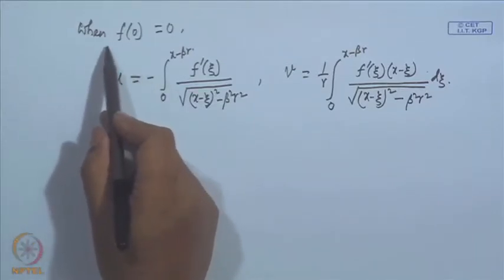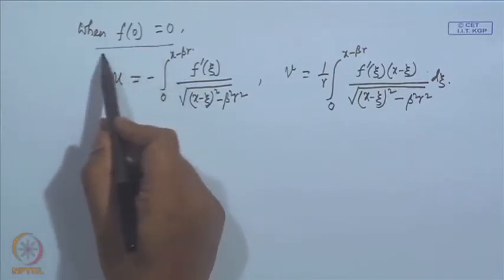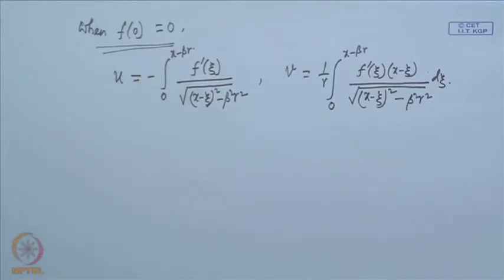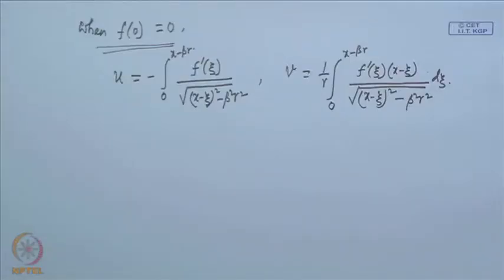Now, this f 0 equal to 0 is also consistent with the incompressible flow we have seen earlier, that to model or to simulate thickness we use a source distribution. That is, as an example, the very famous example of a point source in a uniform stream, or a two dimensional point source in a uniform stream, gives a half body or fairing body with thickness.